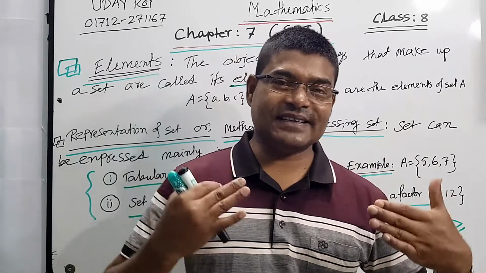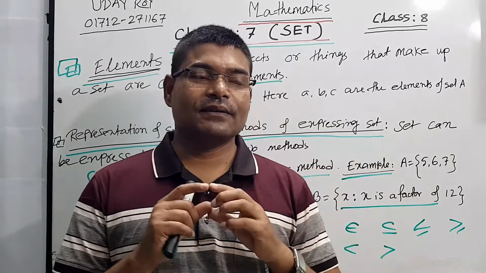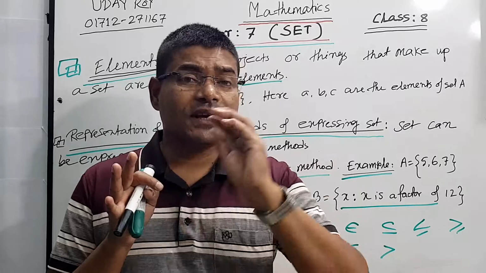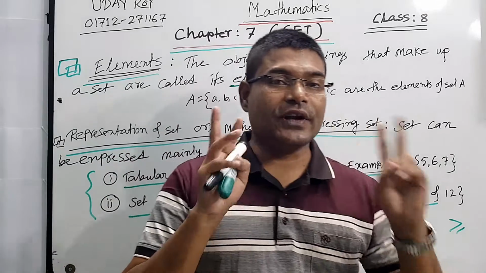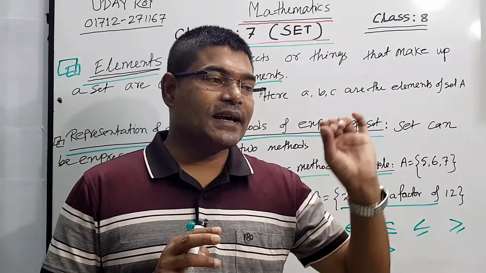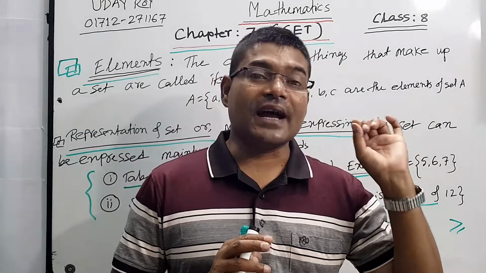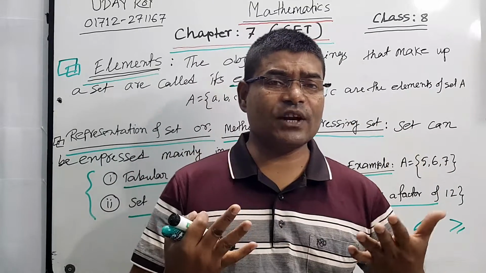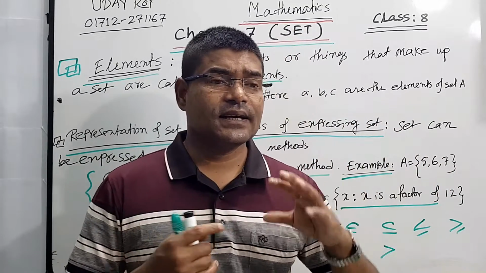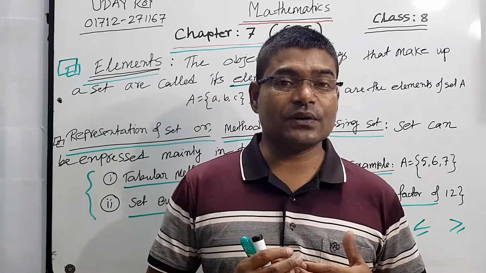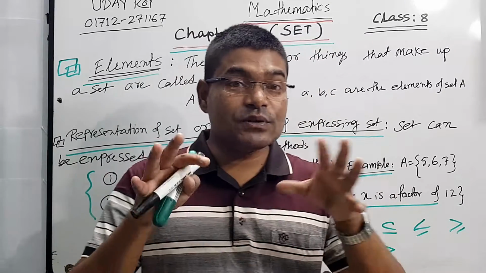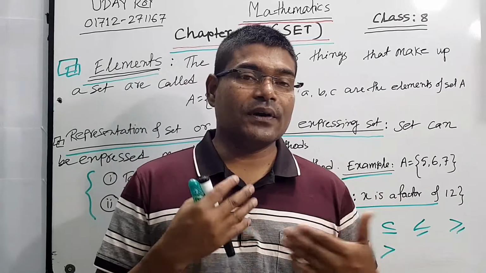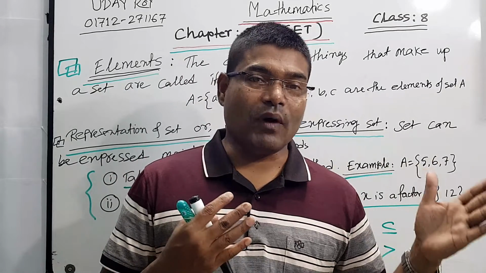When I started this chapter, I decided to divide it into 2 lectures. First one is intersection, union and complement. Then in the second one, I will discuss using set builder methods and some using Venn diagrams. Okay, so we will discuss lecture 1 today.